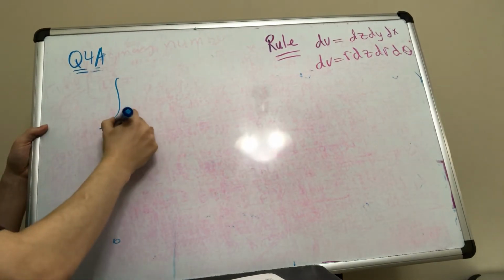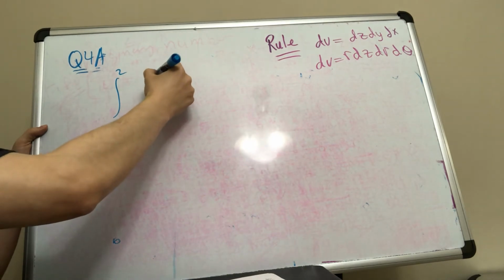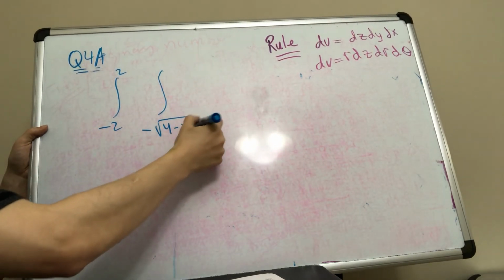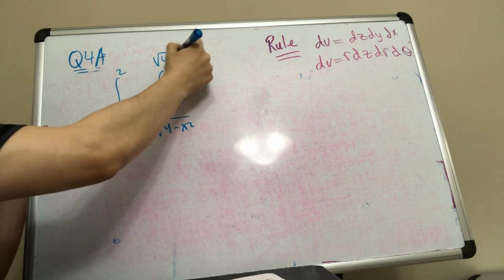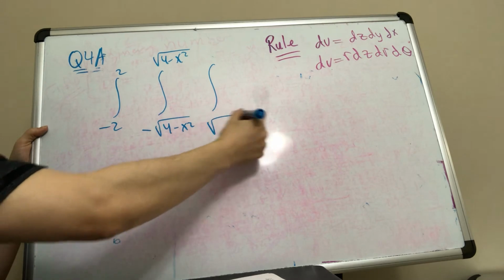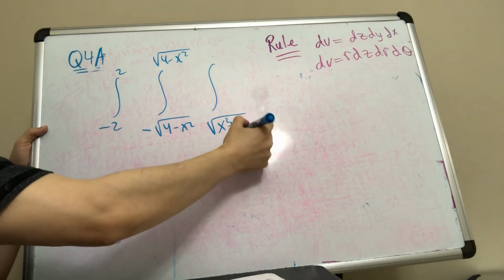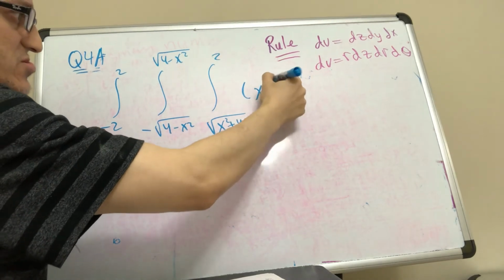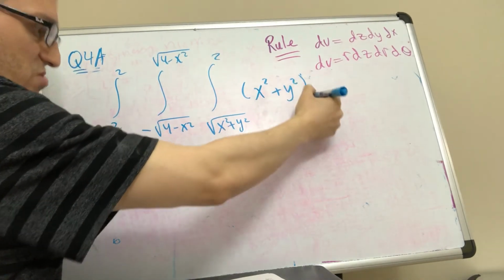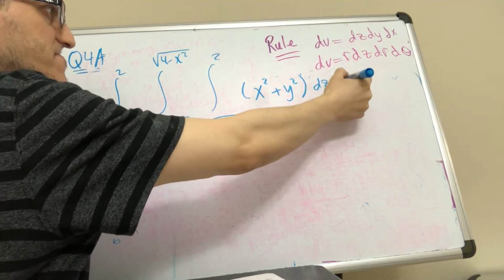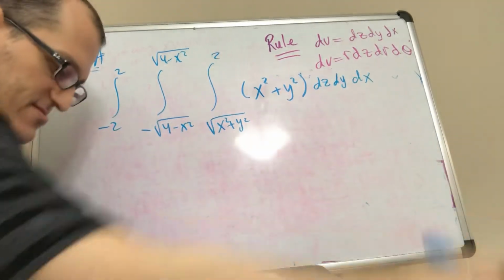They tell you integrate from minus 2 to 2, from minus square root of 4 minus x squared to square root of 4 minus x squared, square root of x squared plus y squared to 2, and x squared y squared dz dy dx.